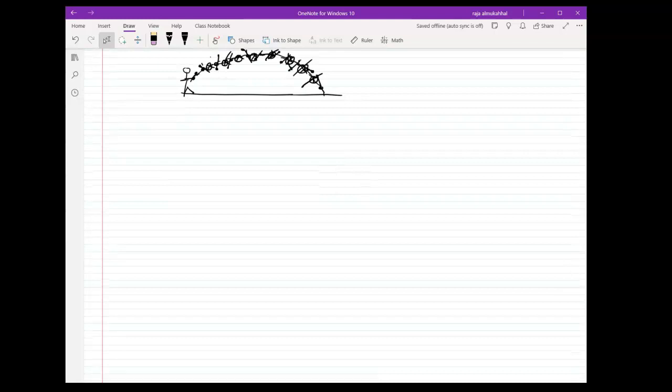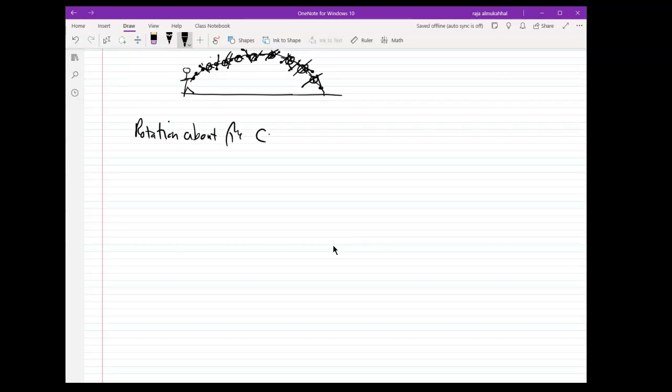So the formula for the center of mass, I'm going to say cm. There are two coordinates for the center of mass, one in the x coordinate and one in the y coordinate, assuming it's in the xy plane.